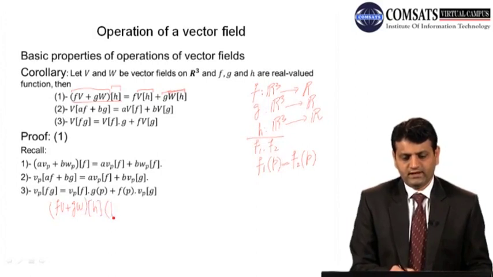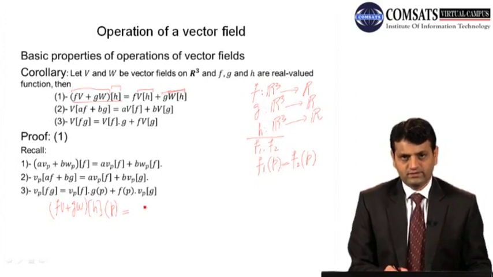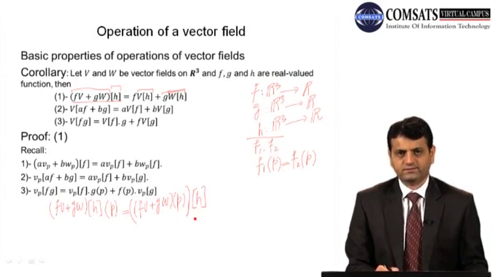of h at any point P. This is basically equal to, according to the definition of the operation of a vector field at any point, (fv plus gw) operated at P, and the whole thing operated at h.